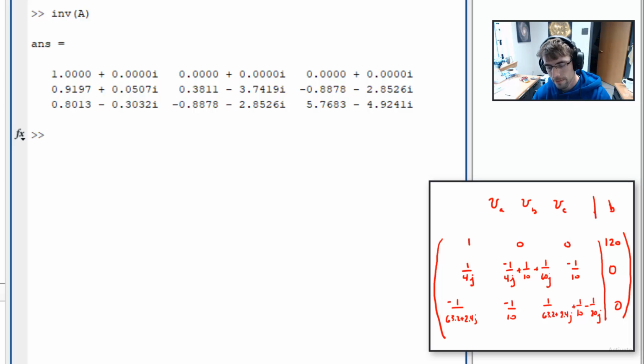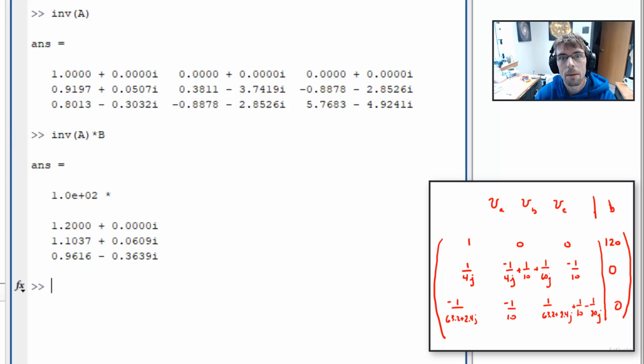Kind of nice. Now, fortunately for us, we can also do the inverse of A times b. And boom, there's our answer. A lot simpler, right? The first one just gives us 120. That's the potential at A. And then the other two are taking 100 and multiplying by those vectors.